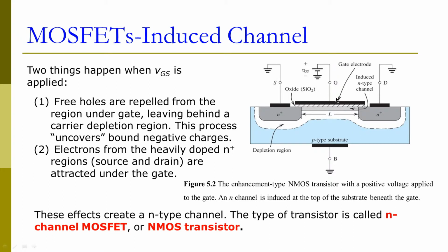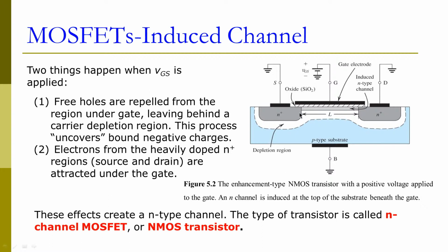Because the gate is positive, it will push away the positive charge from the region underneath the gate. In that way, it will uncover some bound negative electron charge. And those bound negative electrons cannot move because they are fixed.